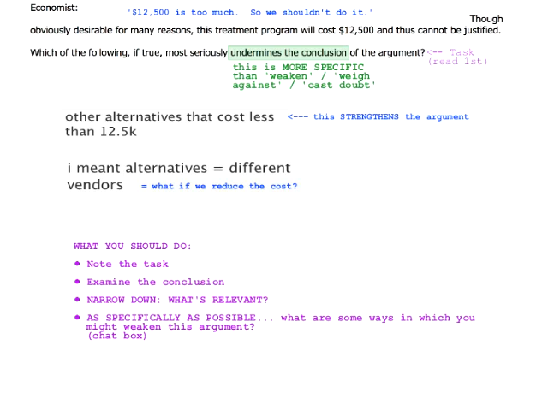One thing about things that strengthen and weaken arguments on this test is they don't directly go against statements that have been made. So in other words, if the argument says the program is going to cost $12,500, then one thing we know is that the program is going to cost $12,500. You'll know this if you've done more than a handful of problems from this test.